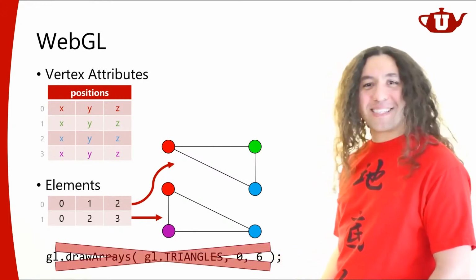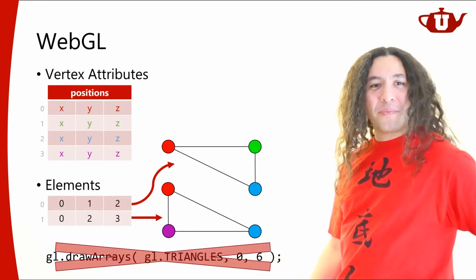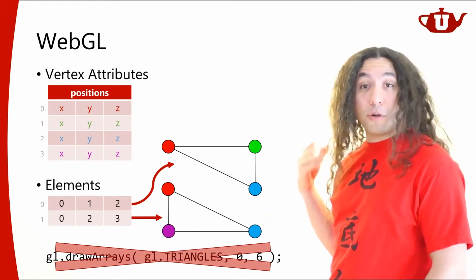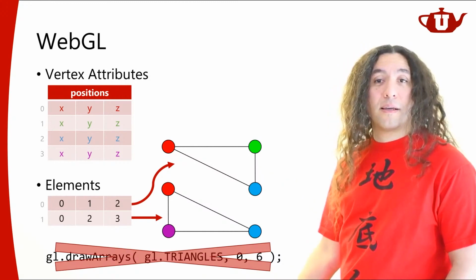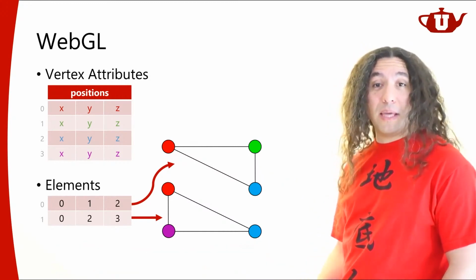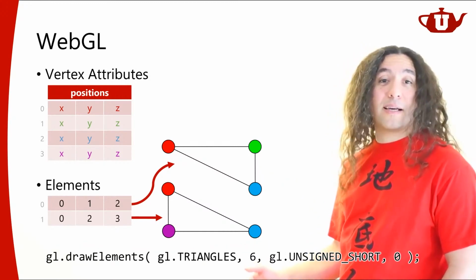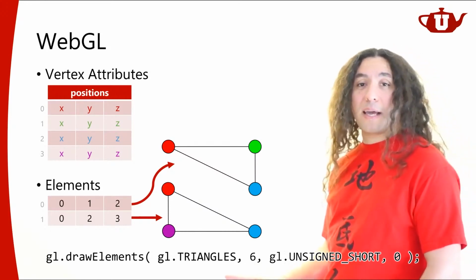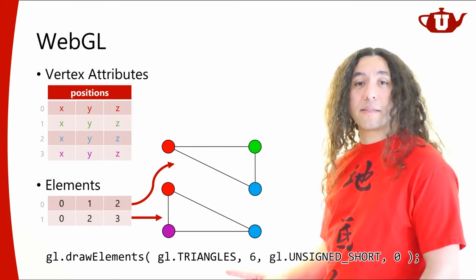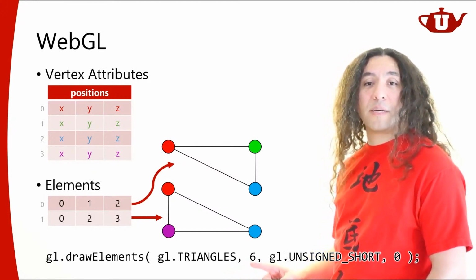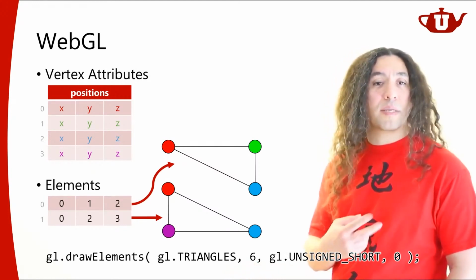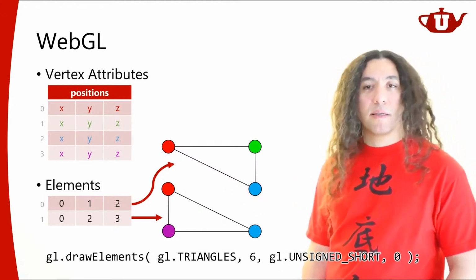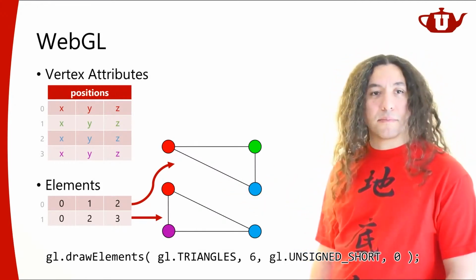So yeah, this is not going to work. I'm going to have to use a different command for drawing these elements, and that's going to be the command gl.drawElements. In gl.drawElements, I'm saying I am drawing triangles starting from the very first element, and I'm going to be drawing 2 elements. Each one of them will have 3 indices because they are triangles.